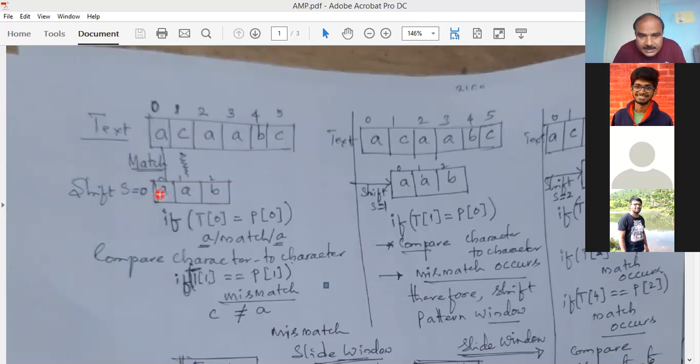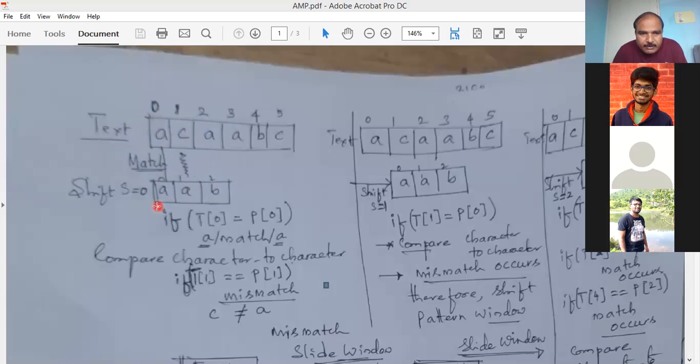This window slides over the text. What does sliding over the text mean? Index 0 of the window is placed over index 0 of the text. So index 1 of the text is compared with index 1 of the pattern, and index 2 of the text with index 2 of the pattern.